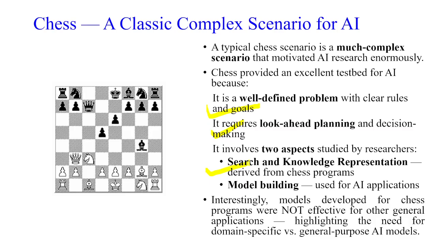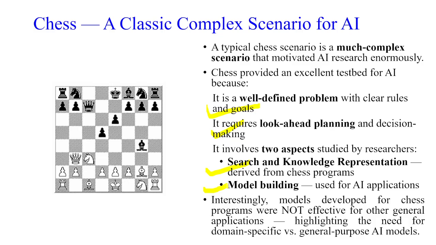Second, model building for AI applications. So what happened here? We know chess is a framework. To make complex decisions, you need a proper framework. Here it is very important to understand that the models developed for chess programs were not effective for other general applications.